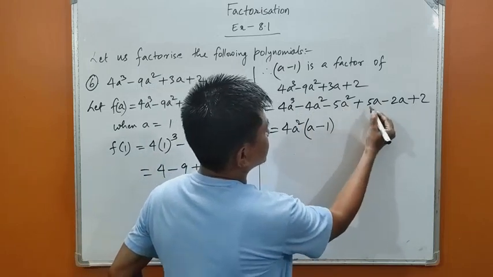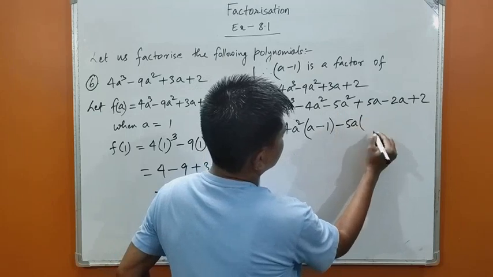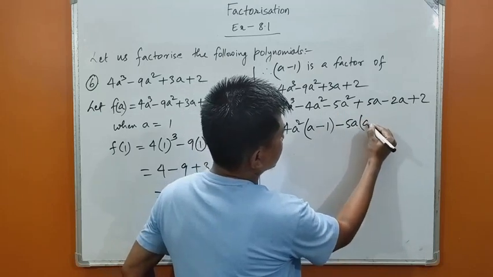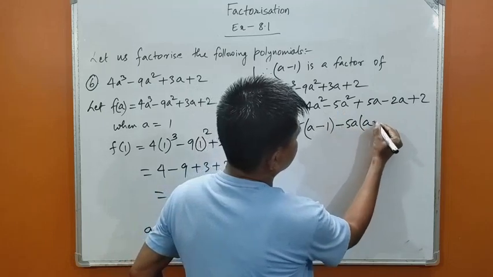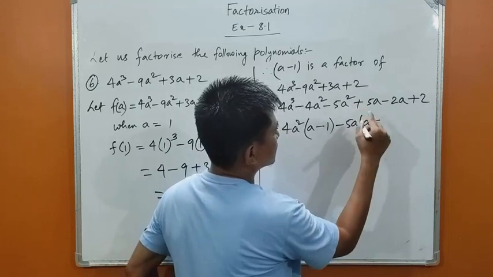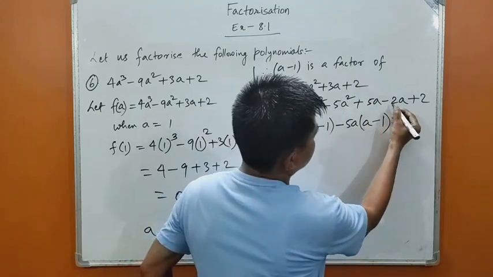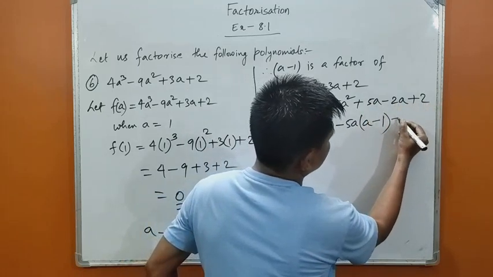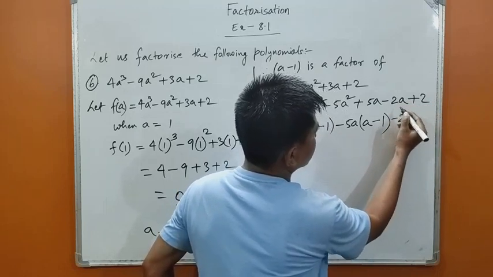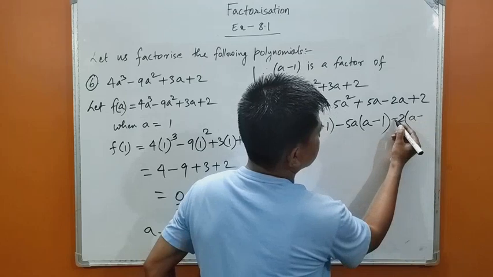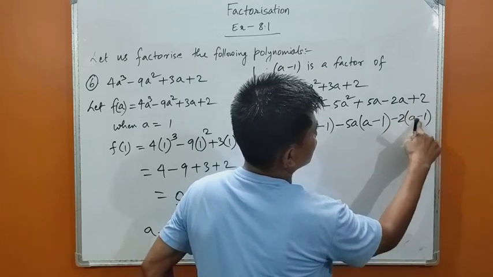From these two terms, let us take minus 5a common. 5a into a is 5a square, minus into minus is plus 5a into 1. 5a into 1 is 5a. From these two terms, I take minus 2 common. 2 into a is 2a, minus into minus is plus. 2 1s are 2.